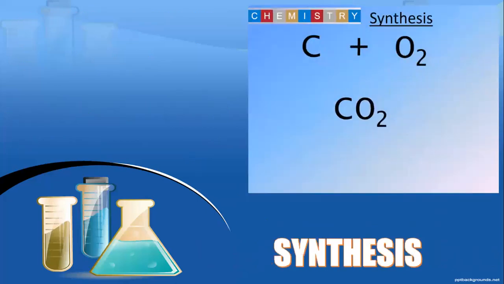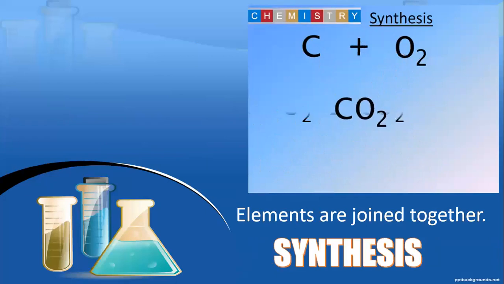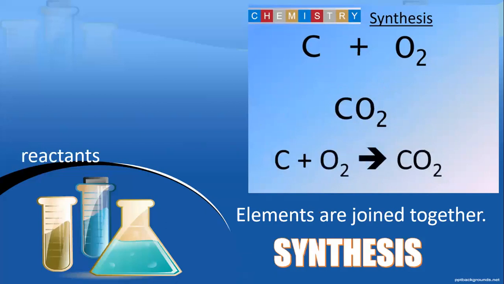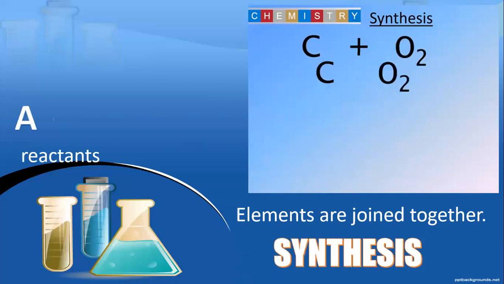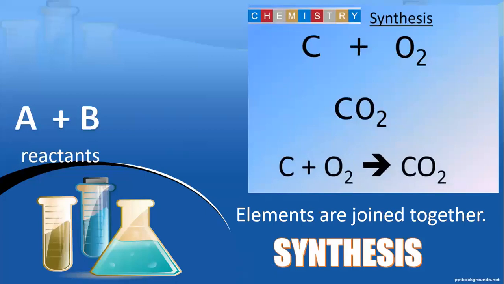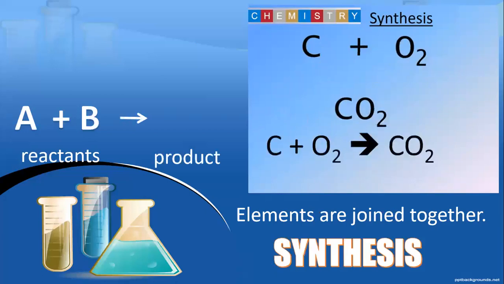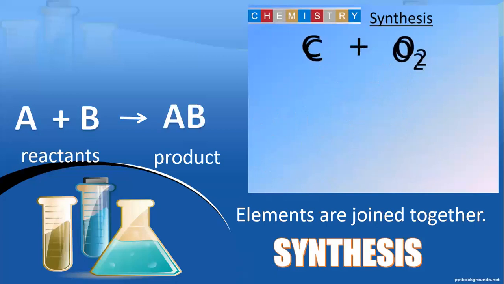The third type of chemical reaction is the synthesis or combination reaction. Here, two or more simple substances, which are the reactants, combine to form a more complex substance or product. For example, we have reactants A and B. Once substance A and B react, they will form one product, which is AB.